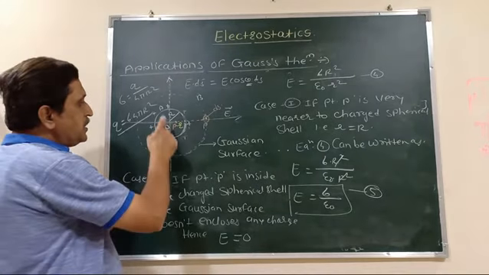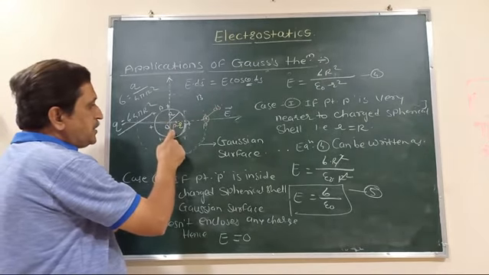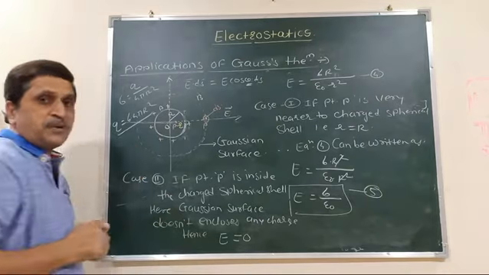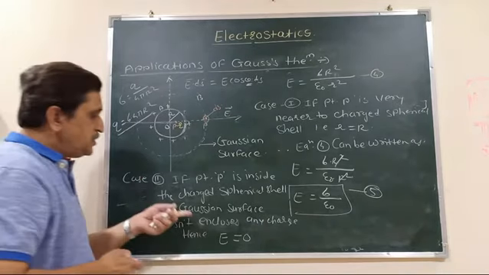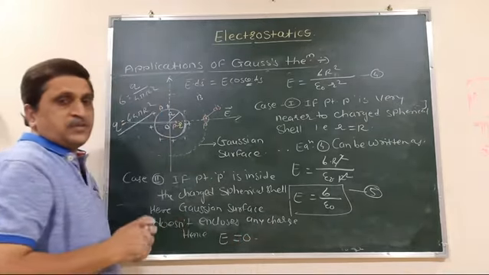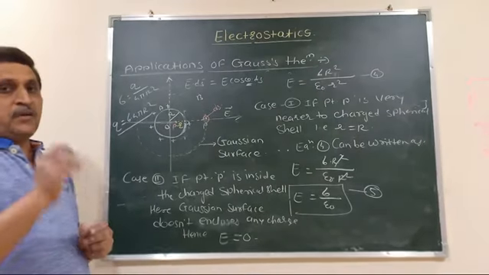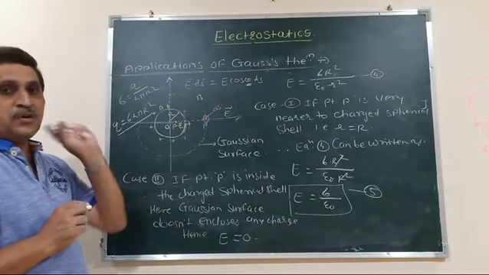That's why we can say that electric field intensity at a point inside the charged spherical shell or hollow sphere is equal to 0. This one is the second case. Thus we have completed the first application of Gauss theorem.